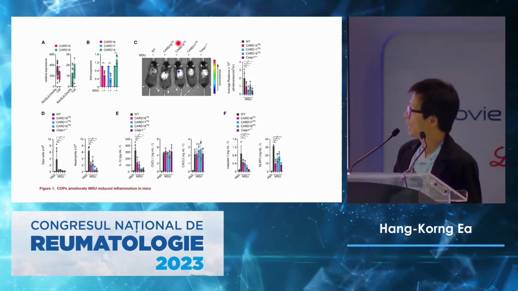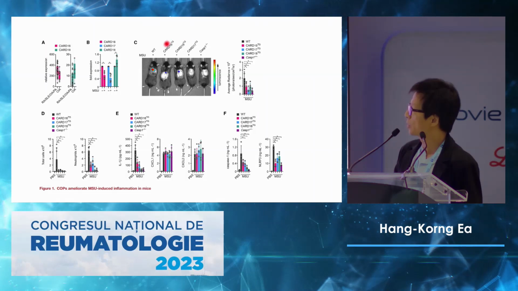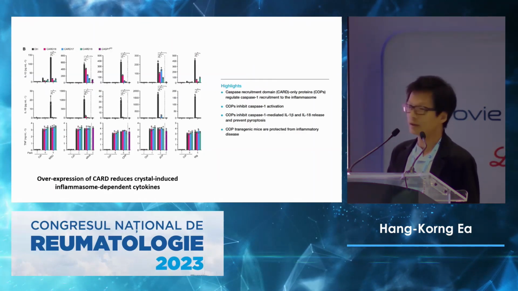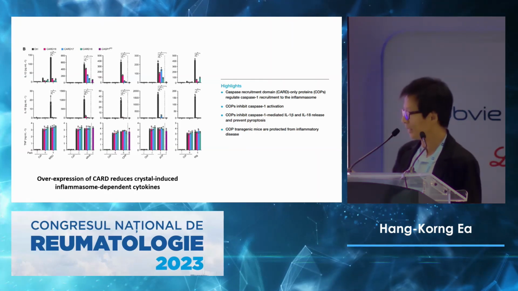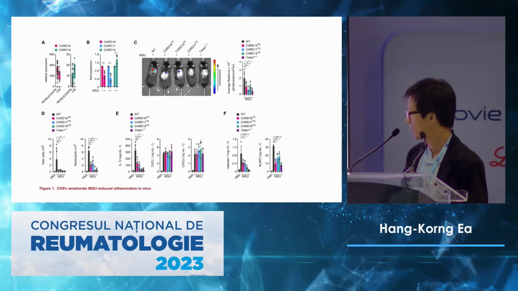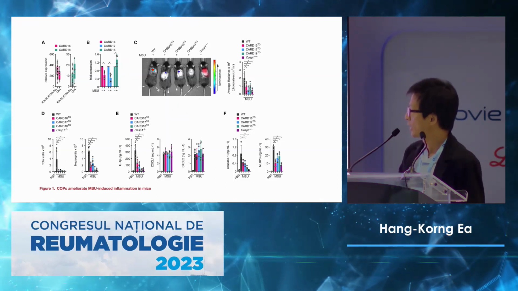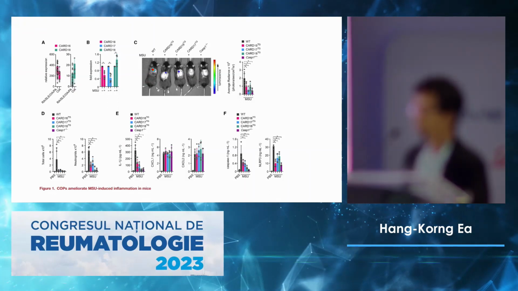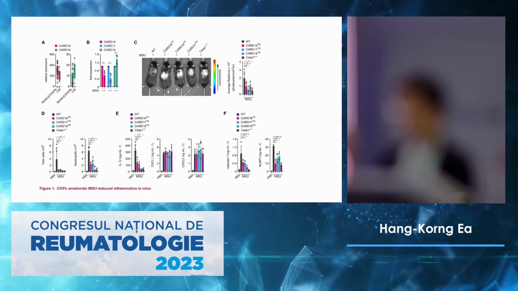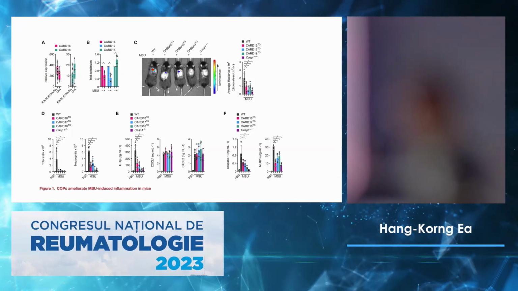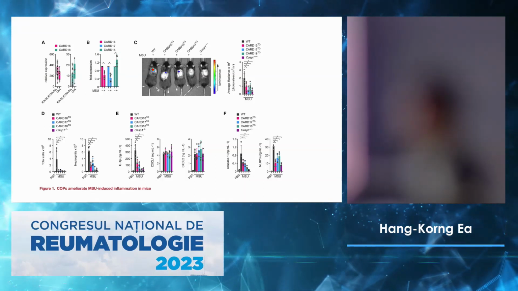So when the mice overexpress CARD16, 18, 17, or the caspase-1 knockdown, that is the control, excuse me. Caspase-1 knockdown is the positive control of the model, and we can see that overexpression of these different COP proteins is able to reduce the inflammation induced by the MSU crystals.